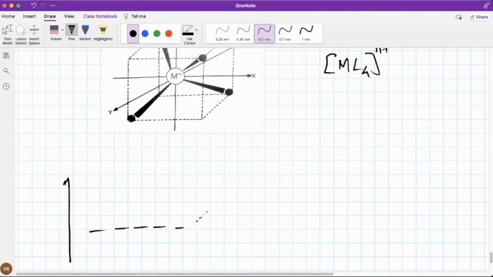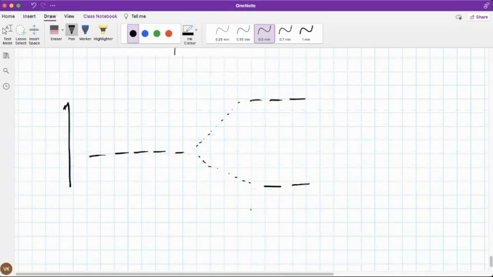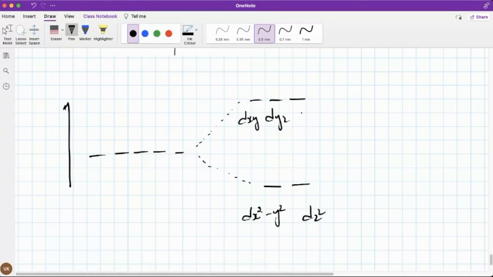In that case it will be dxy, dyz, dxz, they will be higher in energy, whereas dx square minus y square and dz square will be lower in energy, because dxy, dyz and dxz will have more repulsion than these.